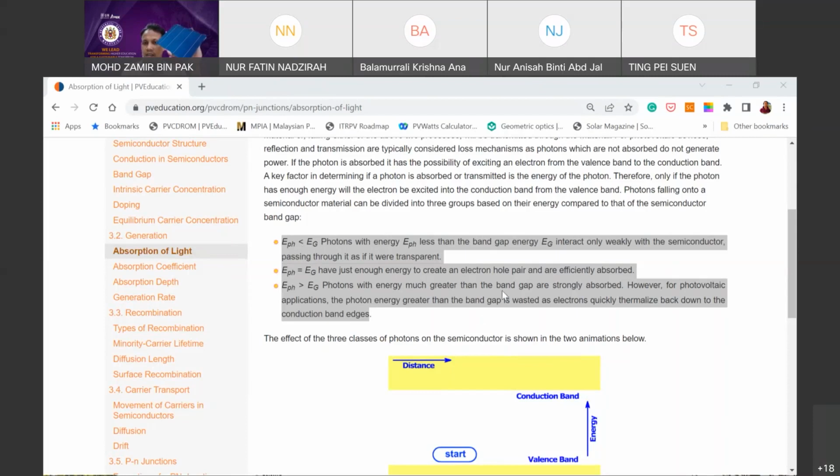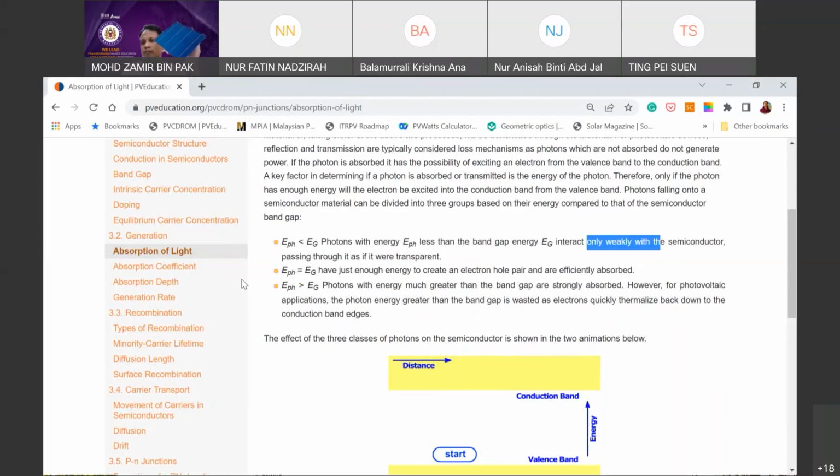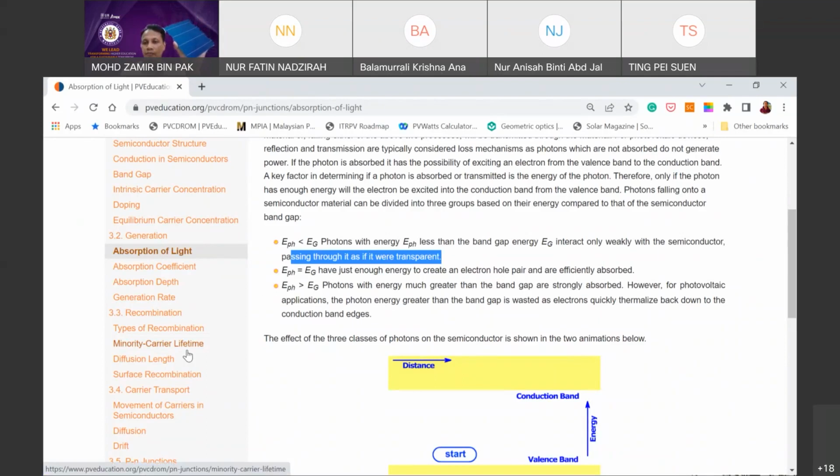And in this case, the photons will not be able to excite valence band electrons into the conduction band because they can only interact very weakly with the semiconductor. What happens? Then the photon will just pass through at the back as if the crystalline silicon were transparent. Maksudnya dia lalu je lah, tak boleh buat apa pun because the energy is not enough to knock the valence band electrons into the conduction band for excitation, right?